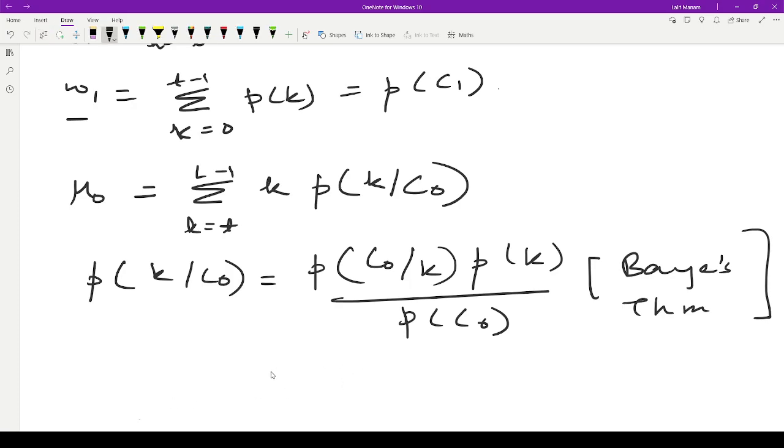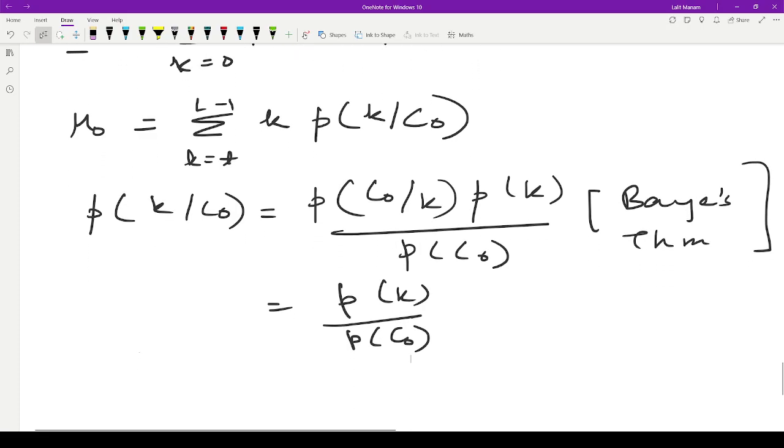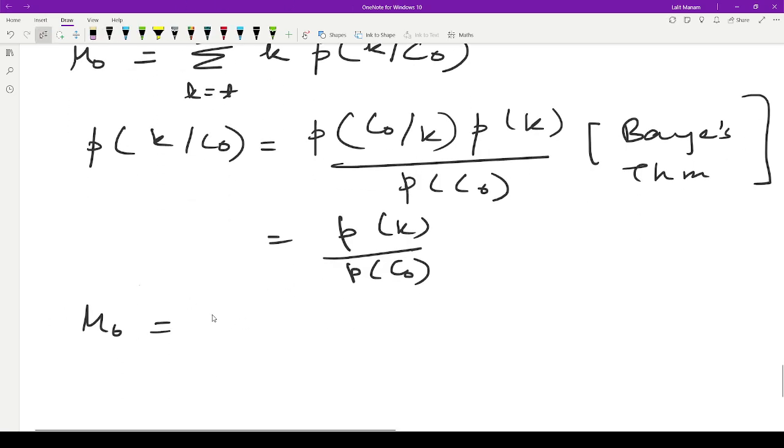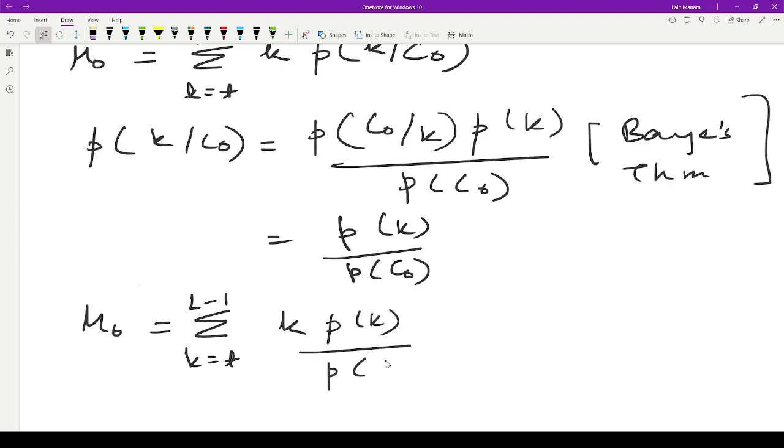Okay, so I can write this as probability of k upon probability of c naught in short. So what will be my mu naught ultimately? Summation over k equals t to L minus 1 of k into probability of k upon probability of c naught.